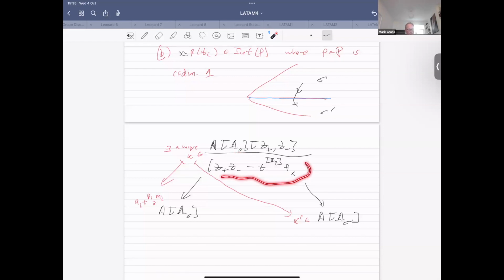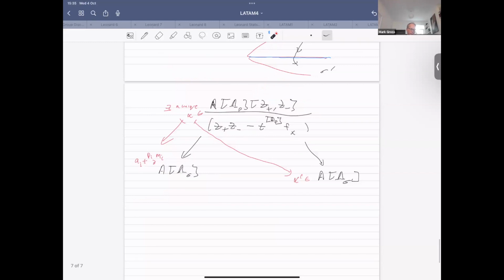And then we're solving for z minus, we're replacing z plus with z minus inverse times this. So alpha prime might involve many different terms. And again, we take a_{i+1} t to the p_{i+1} z to the m_{i+1} to be a term in alpha prime.